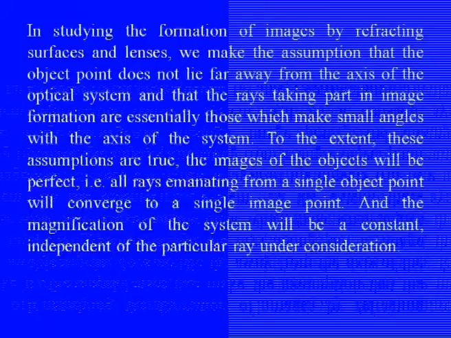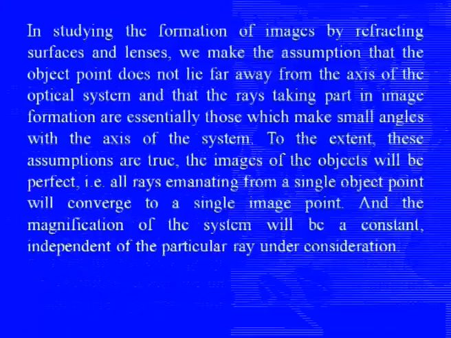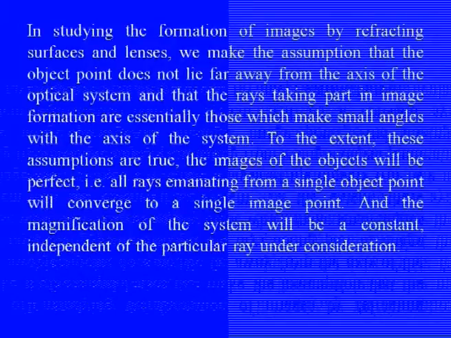So, in studying the formation of images by refracting surfaces and lenses, we make the assumption that the object point does not lie far away from the axis of the optical system, and that the rays taking part in image formation are essentially those which make small angles with the axis of the system. Sometimes we may not say this predominantly, but this is an implied assumption all the time.